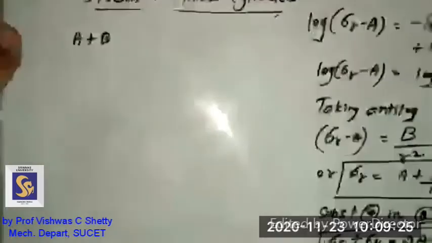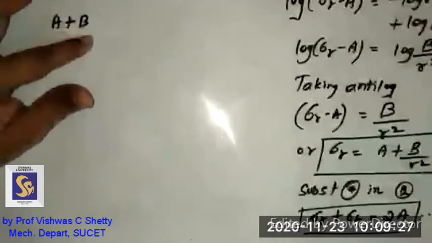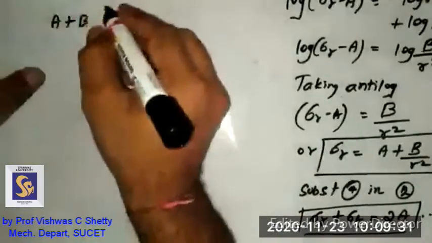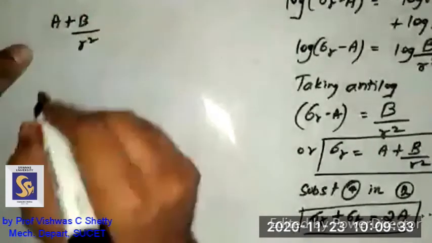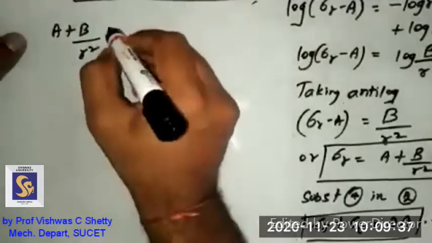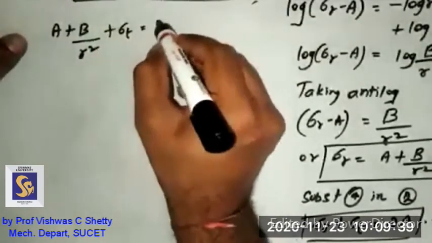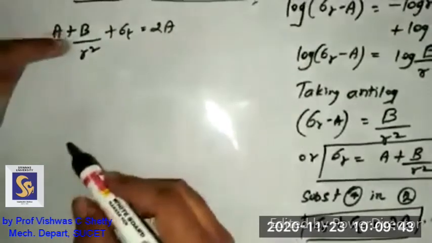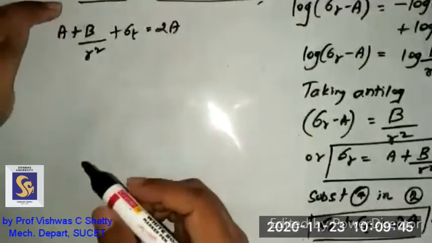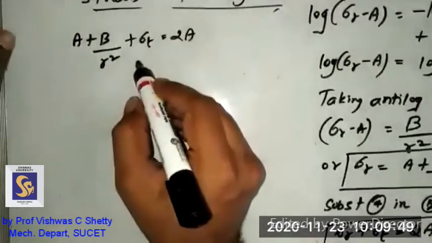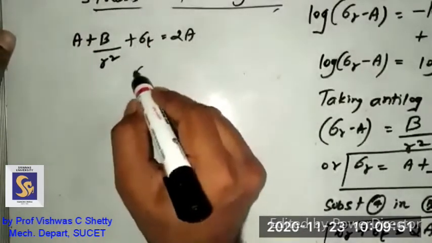So what equation do you get here? a plus b by r square plus sigma t equals 2a. Now you can find sigma t from here.